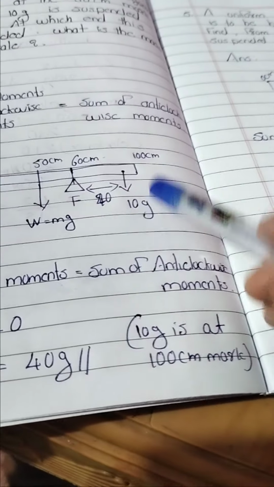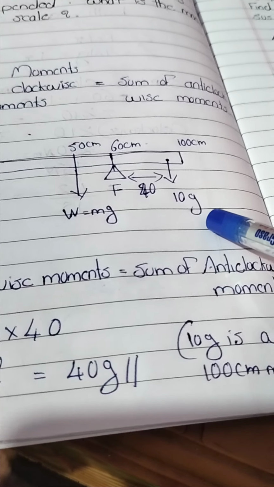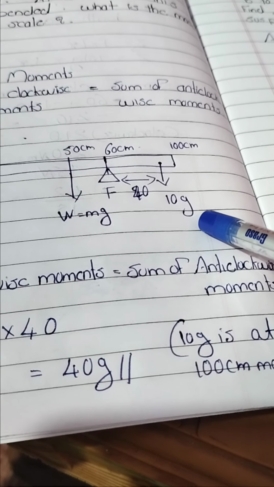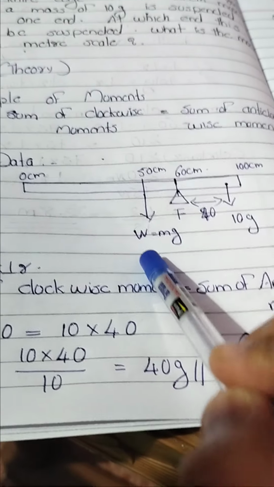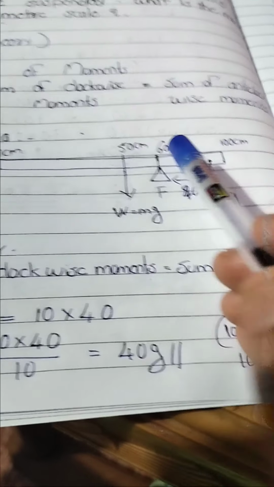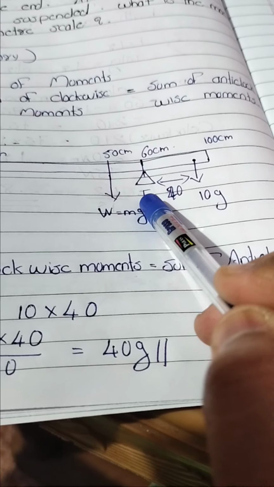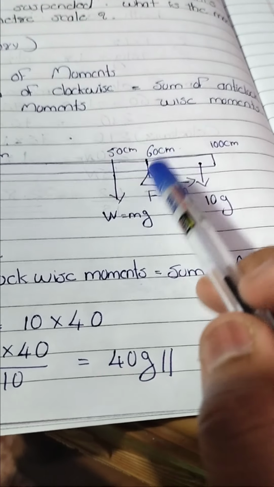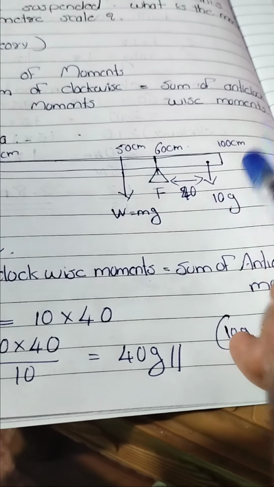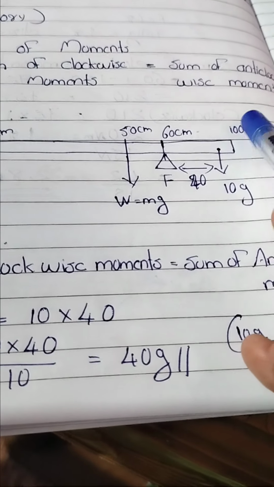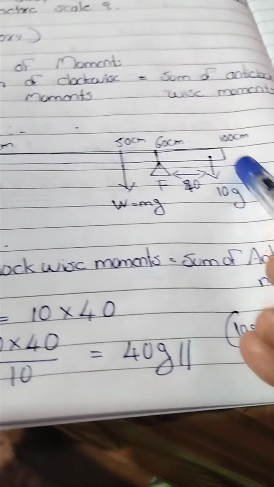Okay, so we have to consider the 10 gram suspended at one end. Already the weight is here at 50 centimeter, and 60 centimeter is the fulcrum. With this fulcrum, on one side a weight is already there. That's the reason I put the 10 gram at the other end, that means 100 centimeter.